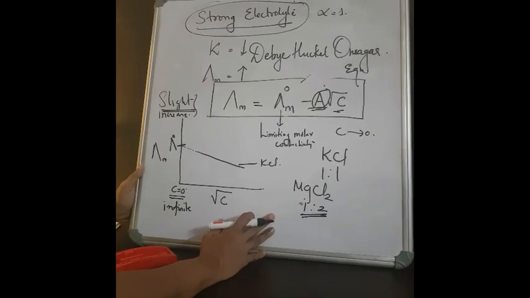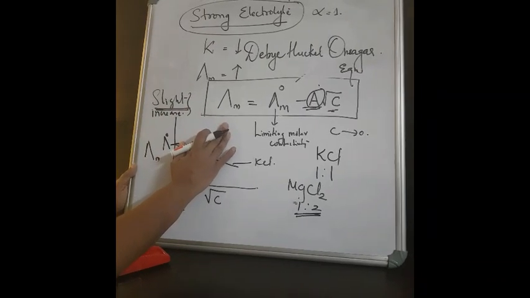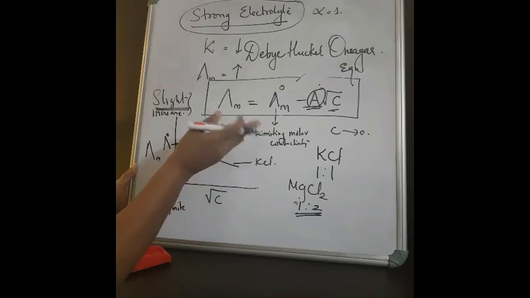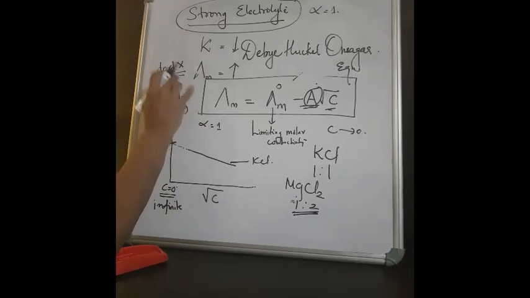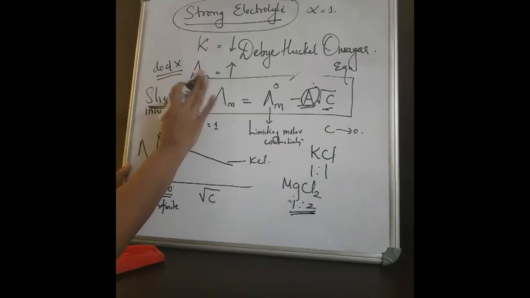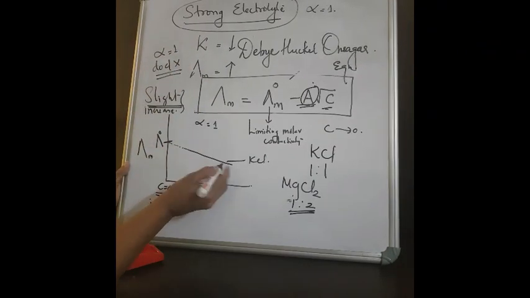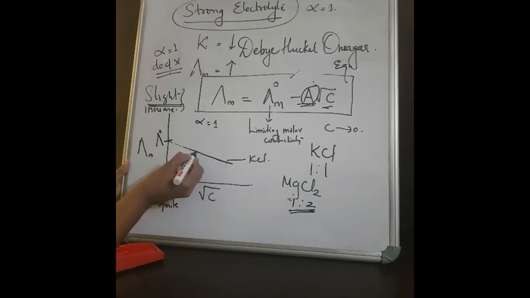Now the conductivity of the strong electrolyte depends on what? The degree of dissociation alpha is equal to 1. So if you dilute it also, the degree of dissociation is not changing, isn't it? For a strong electrolyte, the degree of dissociation is not changing because alpha is equal to 1. That is why there is only a very slight increase.